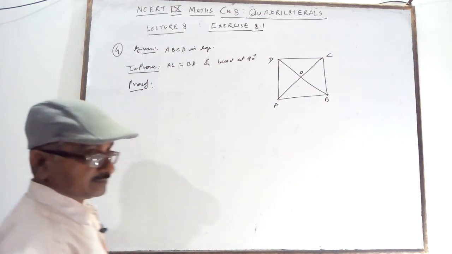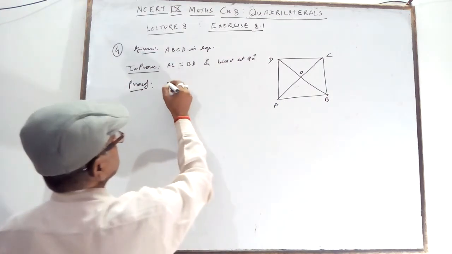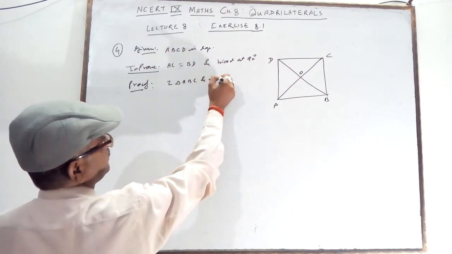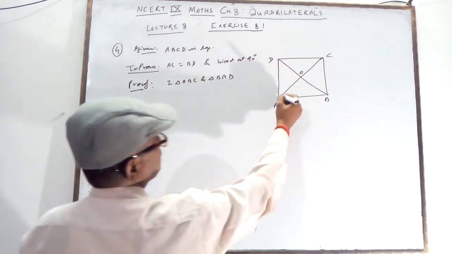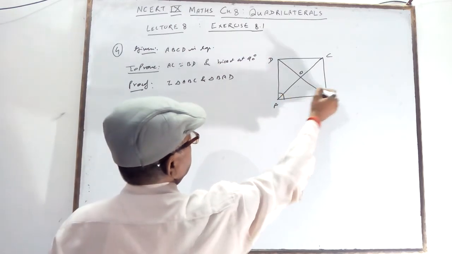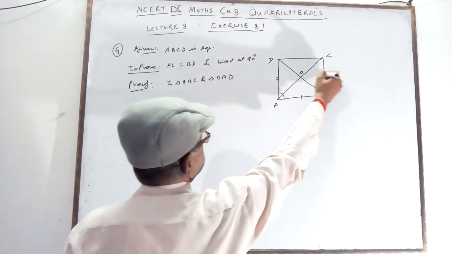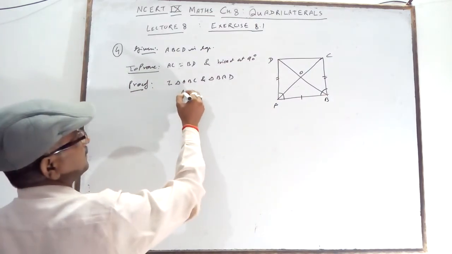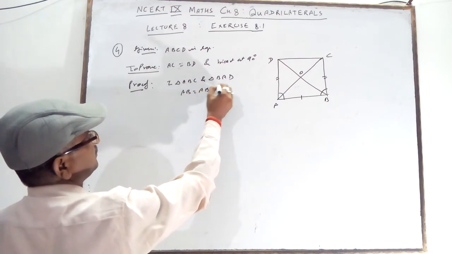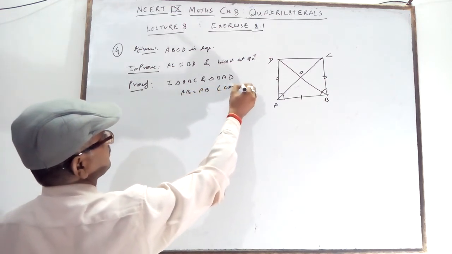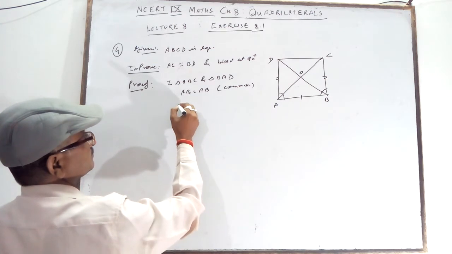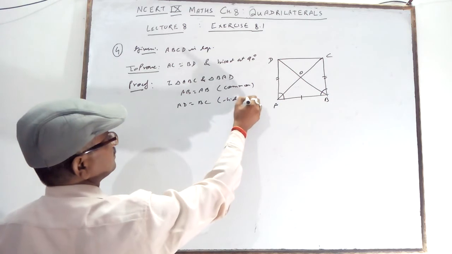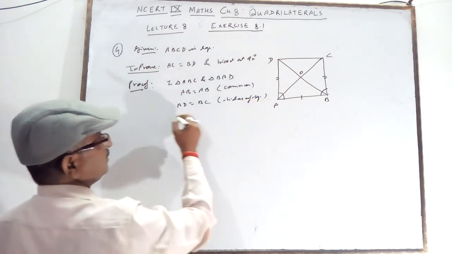Proof. You want to prove diagonals are equal. So, in triangle ABC and triangle BAD, AB is equal to AB, common. AD is equal to BC, sides of a square are equal.